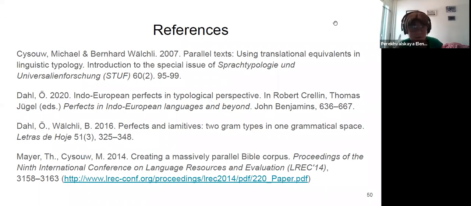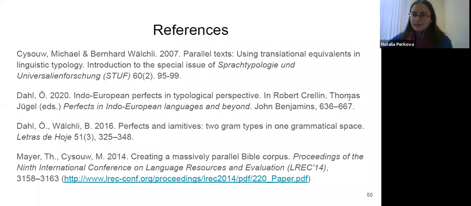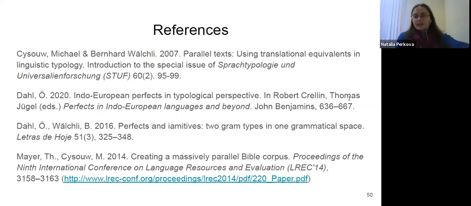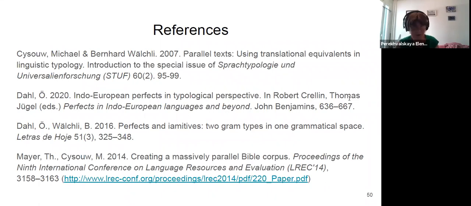And do you know that the second most translated book is Le Petit Prince, the Little Prince? It is translated, of course, not into so many languages as the Bible, but it is the most translated book after that.